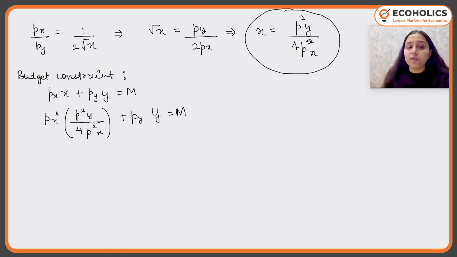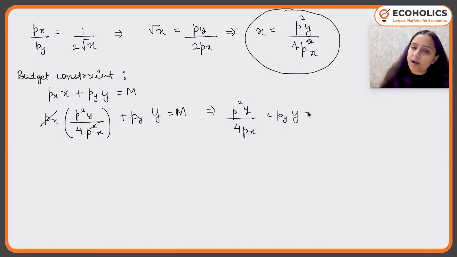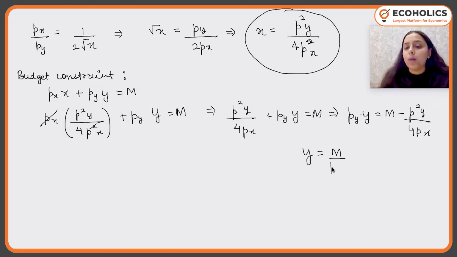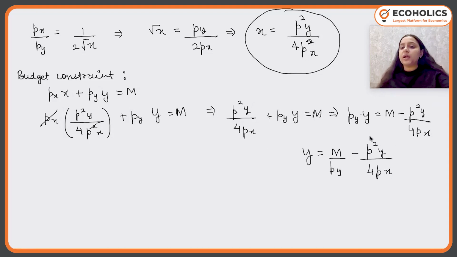Solving this, Px cancels here. So what I am going to get from here is Py square upon 4Px plus Py into y equals to M. From here, I would get Py into y is equal to M minus Py square upon 4Px, and this would give me y equals to M upon Py minus Py square upon 4Px. That is what I'm going to get.